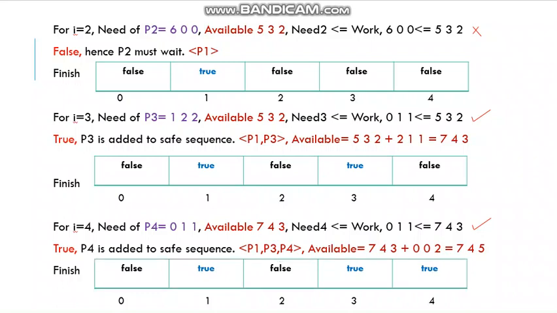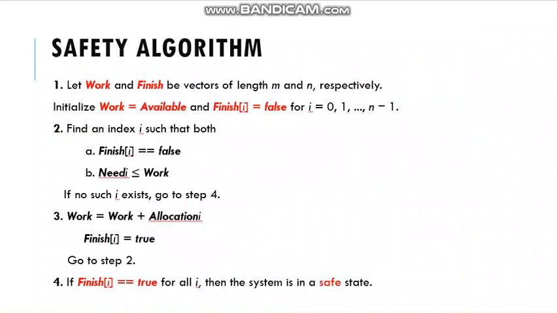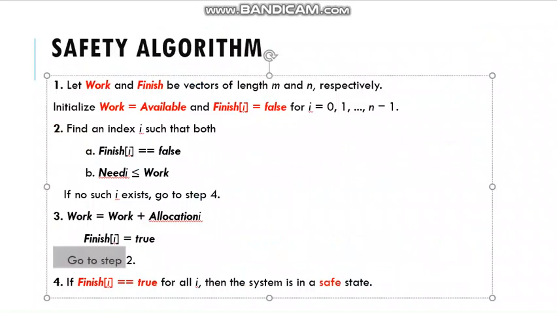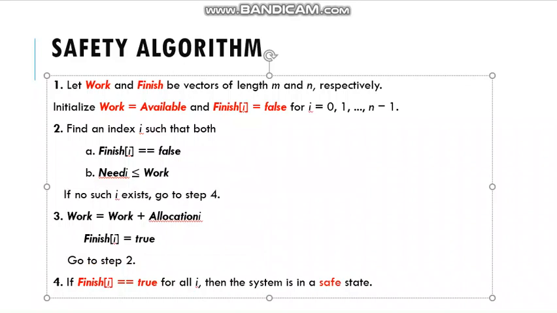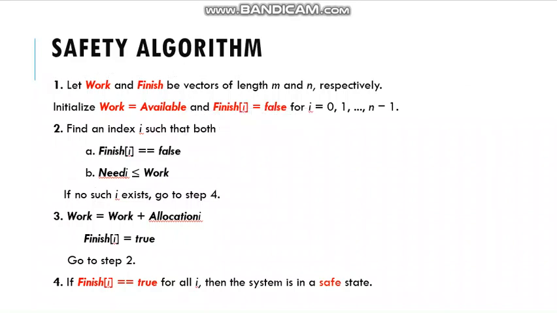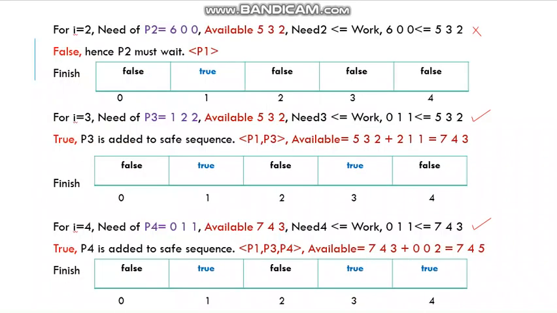Now, if you observe, we have reached the end of the loop, meaning we have checked all the processes, but we should go back to step 2 because there is a condition: if no such i exists, meaning all the processes should be finished. There are some processes which are still false, meaning they have not finished.